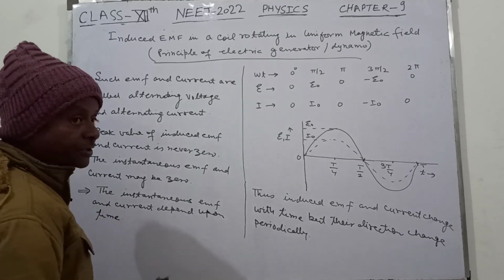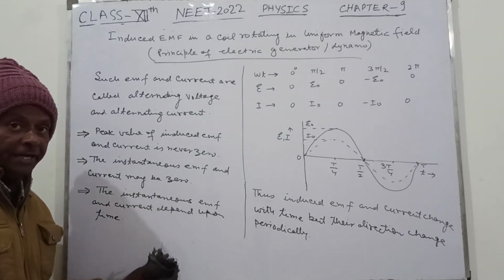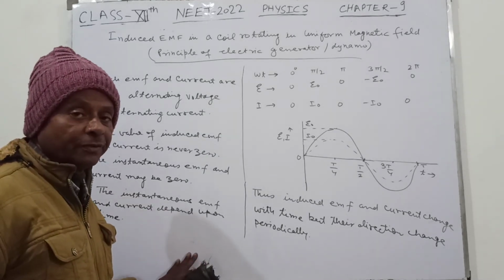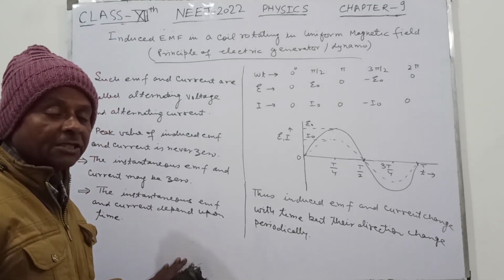So they are periodic functions of time, because sine is coming here. Whenever we have sine or cos terms, they are periodic functions.